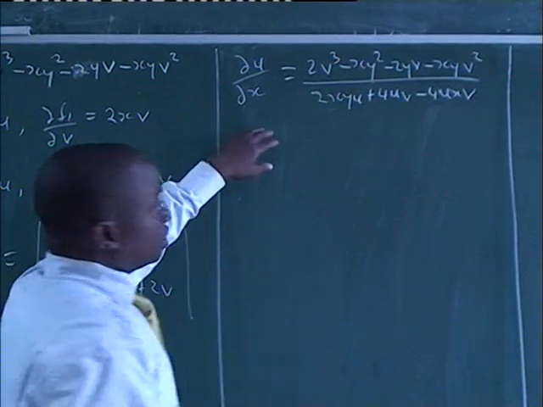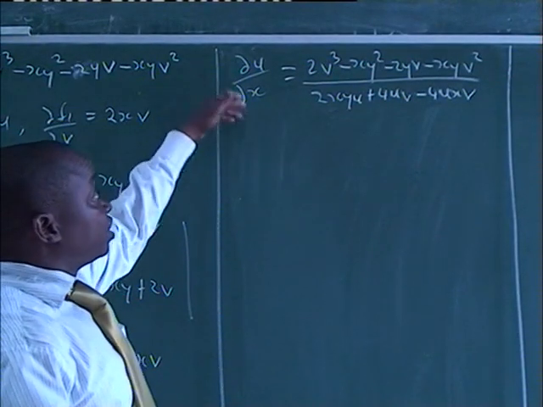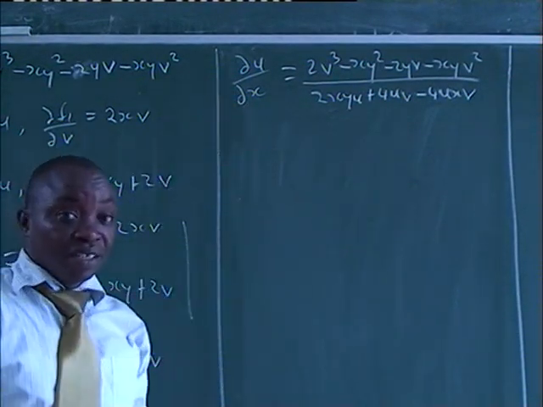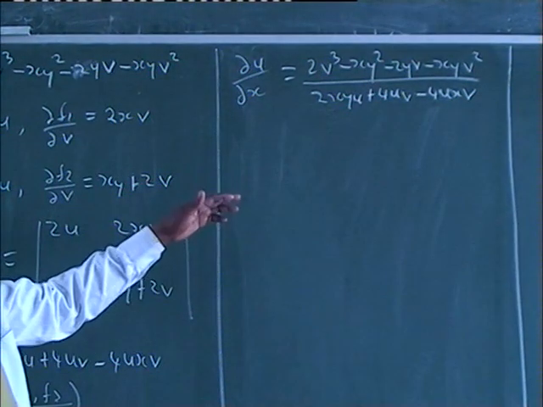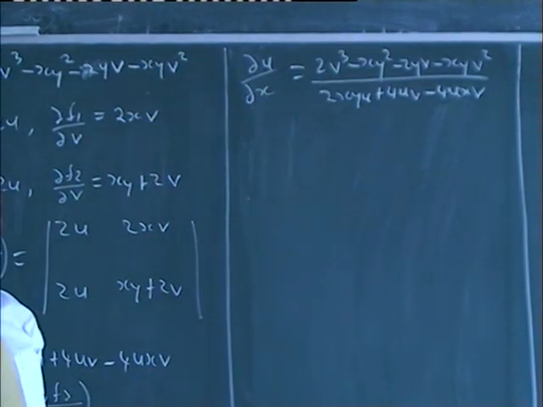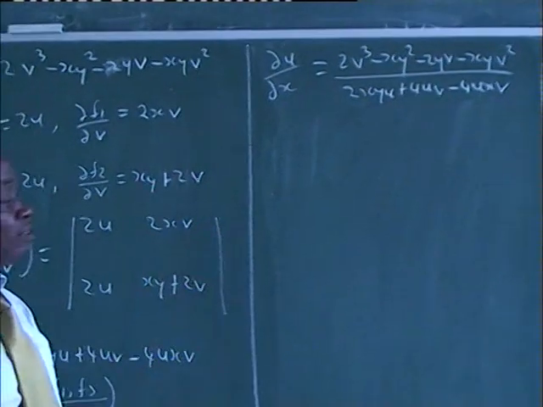So that is partial u partial x using the Jacobian approach to differentiate implicit function.